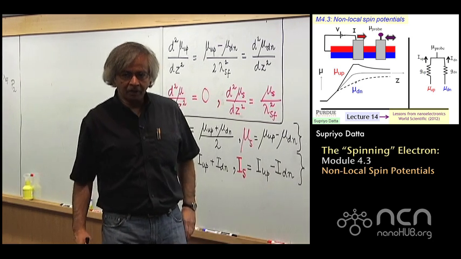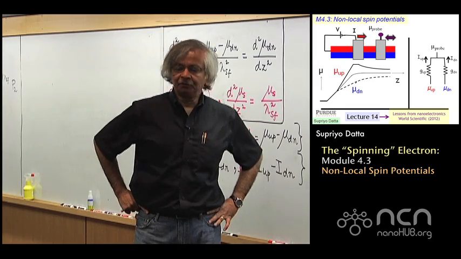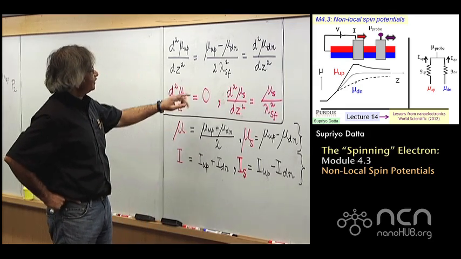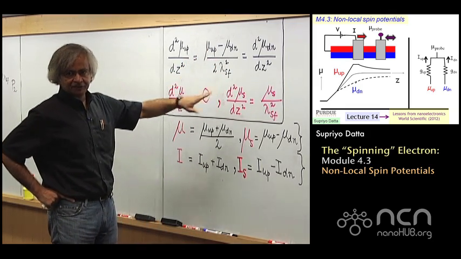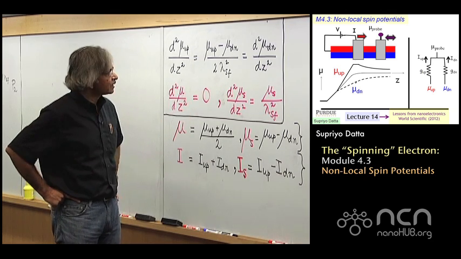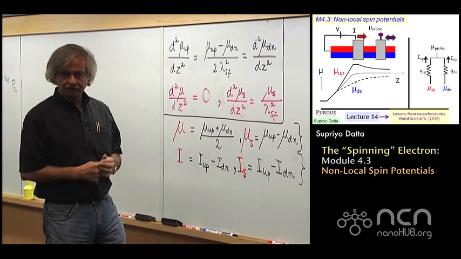Welcome to Module 4.3. As you may recall, what we did in Module 2 is obtain this set of equations, the Valet-Fert equations or spin diffusion equations, and these are a lot like the usual diffusion equation.